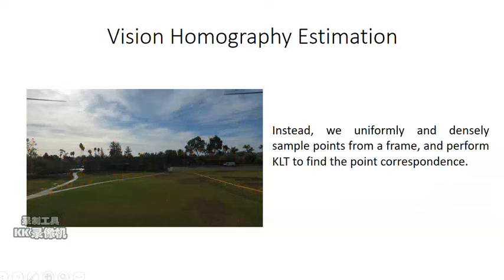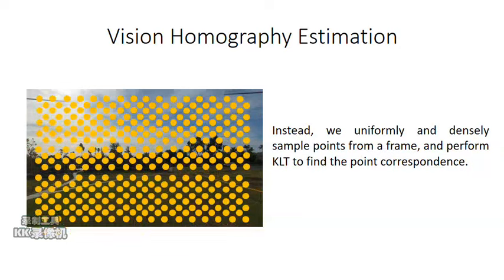Instead, we uniformly and densely sample points from the frame and perform KLT on every sample point to get the point tracking results. Finally, we perform RANSAC to obtain a homography matrix.